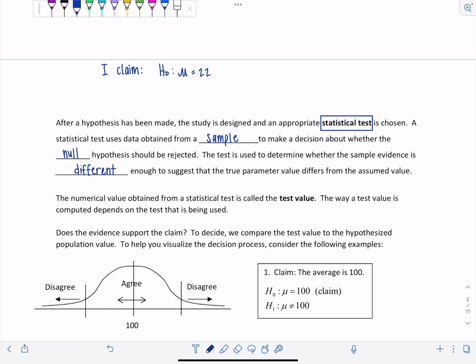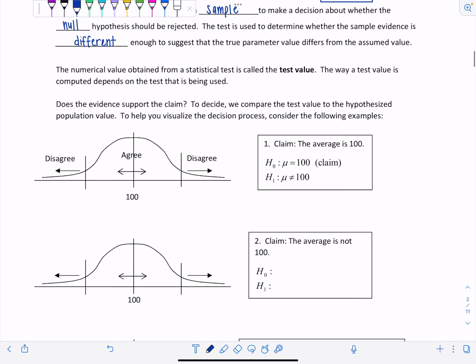And then I find a sample mean, and it's 26. Does that mean that I'm wrong? Maybe, maybe not, right? 26 isn't 22, but it's not so far from it. So when we use a hypothesis test, we're going to compare two quantities to see if that difference is enough to say, this was wrong, or maybe we just leave it alone and say we don't know. That's basically what we're going to be doing here.